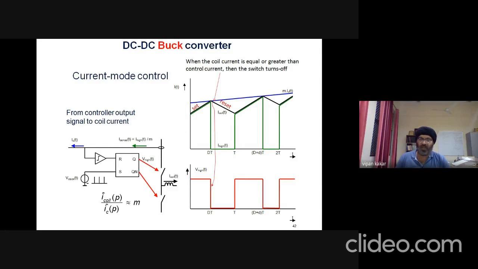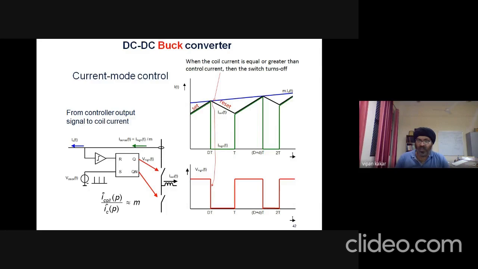So we need to compare the measured current from the buck converter and the inductor current. This is the measured current or the control current, shown by the blue line over here. And this is the inductor current, the continuous current mode we have seen over here, because we assumed that we'll be doing this analysis for continuous current conduction mode.